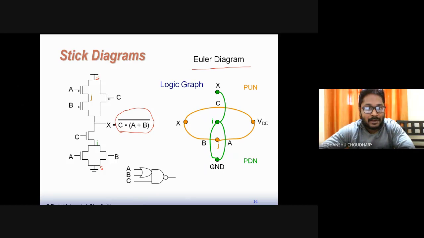So one can identify source and drains. Source is this one, then this is drain, then this is source, and the current direction is also important in deciding source and drain. Similarly, this is drain to source current for NMOS. So this one would be drain and this one would be drain for this. That way one can identify source and drain.